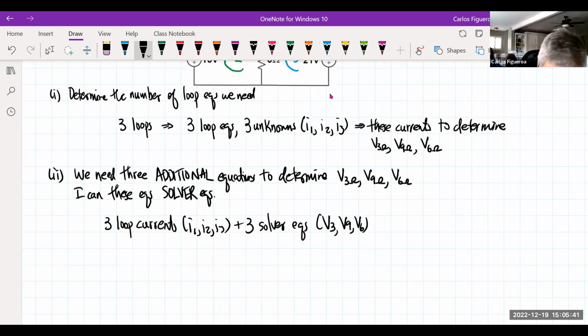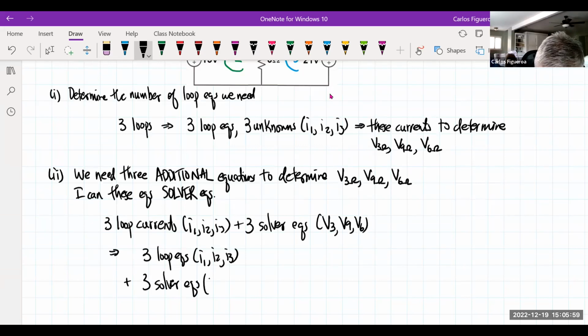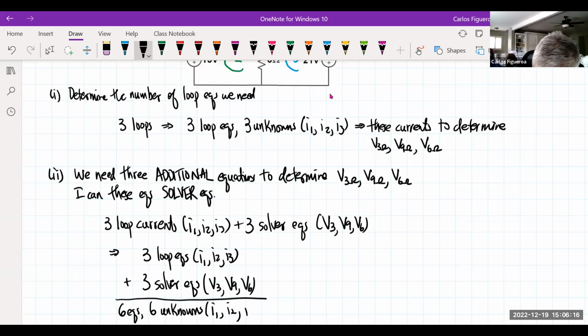So then what this tells me is that I need 3 loop equations, I1, I2, I3, plus 3 solver equations for V3, V9, V6. So my total number here is 6 equations, 6 unknowns, and that will be I1, I2, I3, V3, V9, V6.